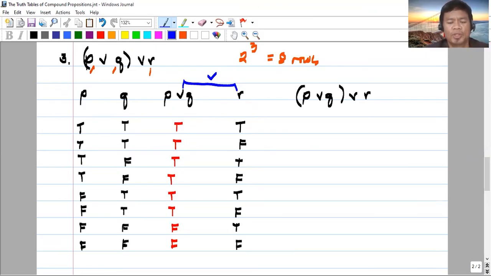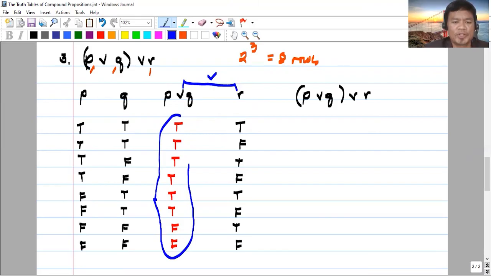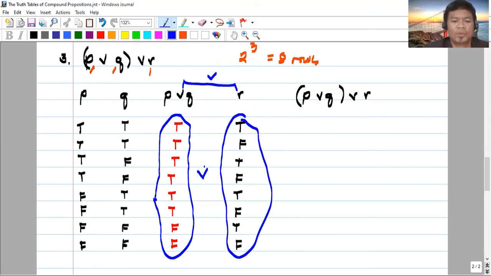Since the truth value of our P or Q expression is already given, and our R already has its truth values here, then we can have the final compound proposition, which is P or Q or R. So we have disjunction again.